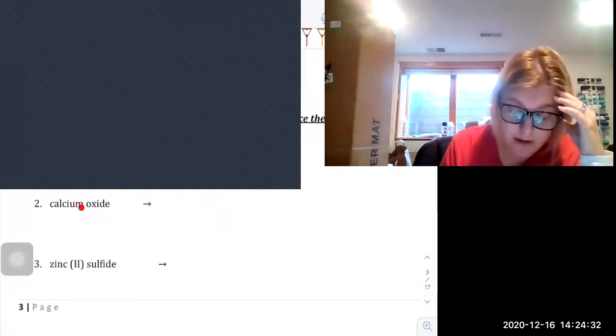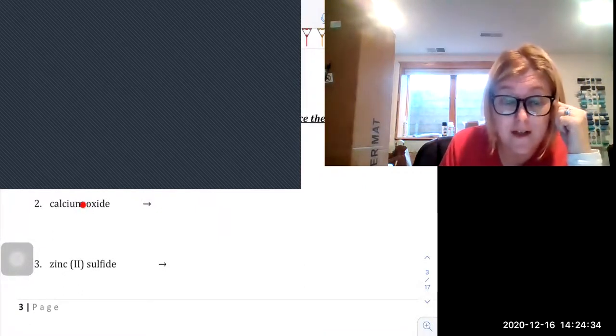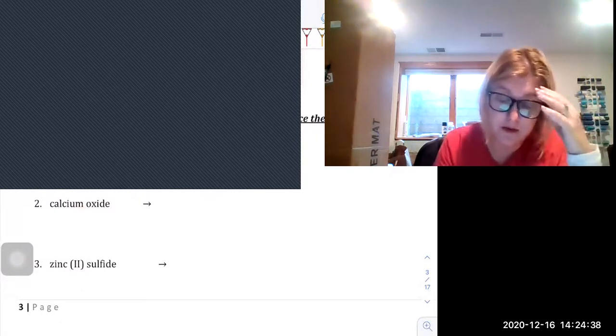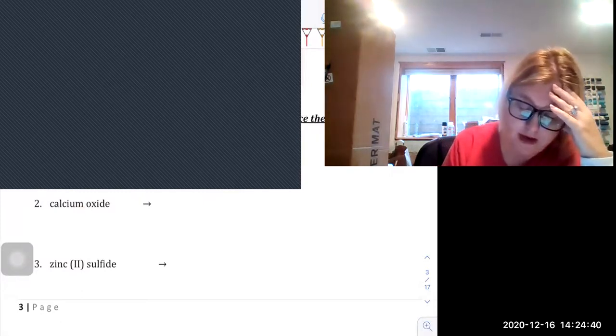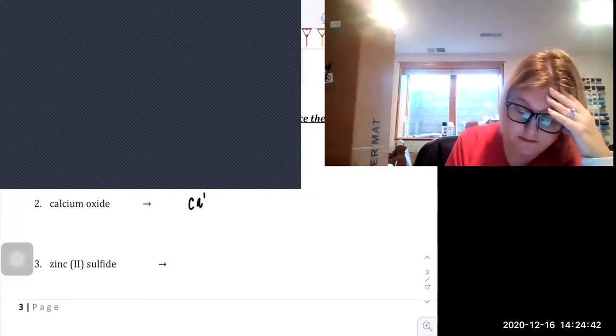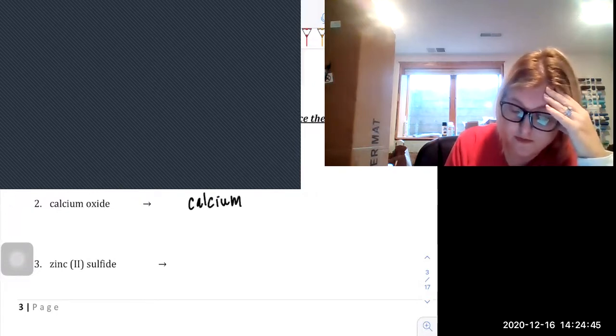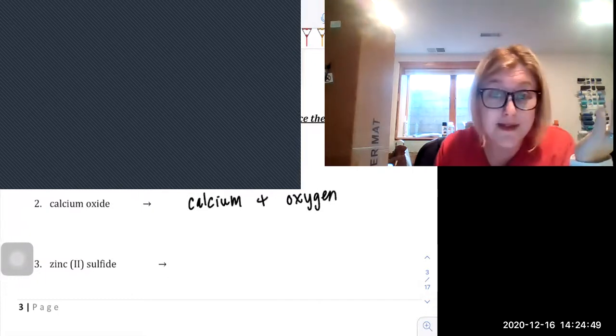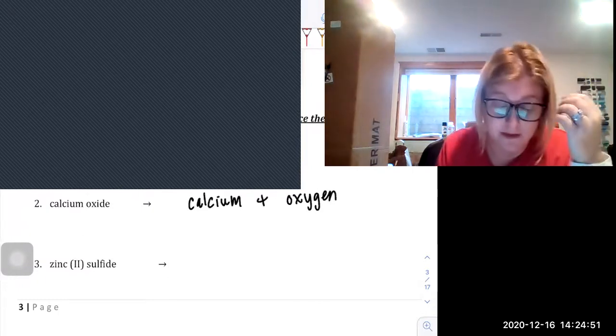Now, here we have a compound. How do I know it's a compound? There is no plus sign here. So I'm going to take this compound and split it into 2. It gets split into calcium and oxygen. So it's almost exactly like we just did on the previous one.